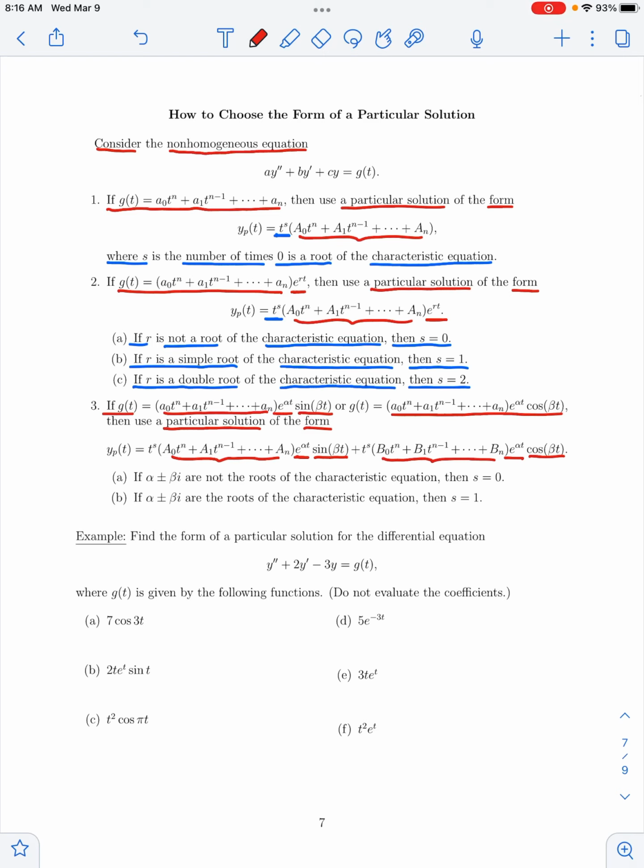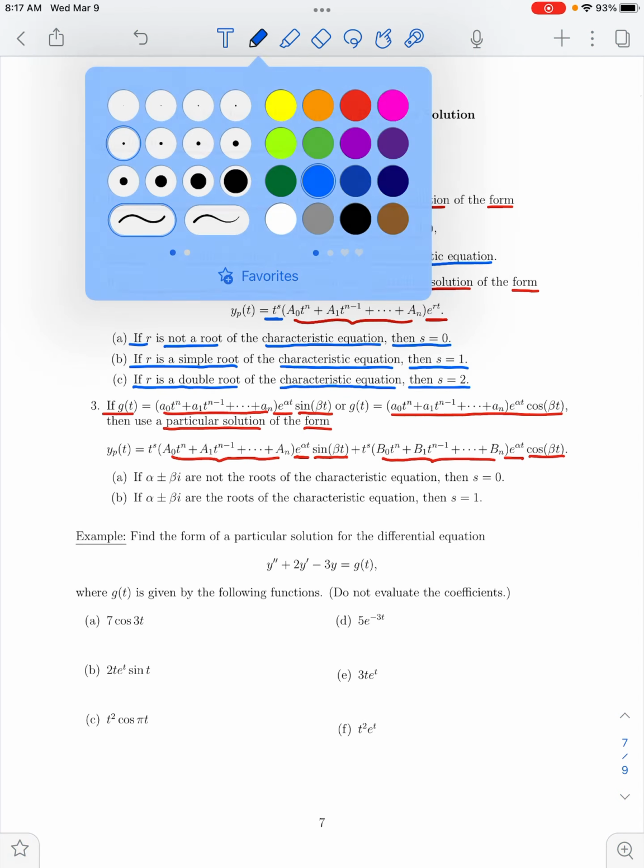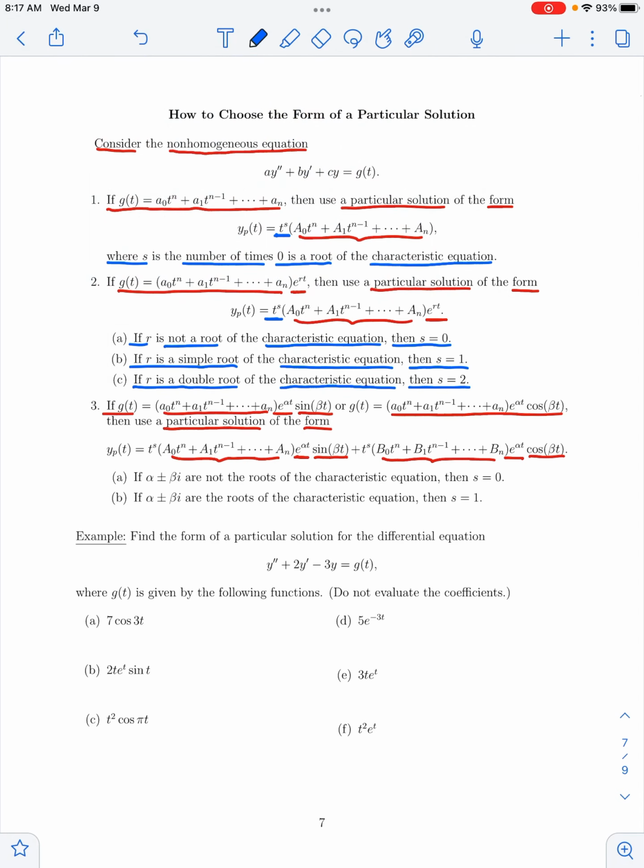And this would be the correct form for our particular solution unless these terms already appear in our homogeneous solution. And the only way that these terms would appear in the homogeneous solution is if we had complex conjugate roots of the characteristic equation.